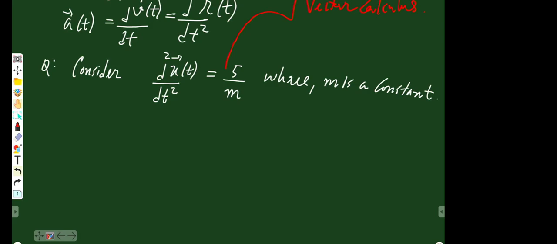Where m is a constant, right? So now, what is x of t here? F of x of t, x means displacement, right?